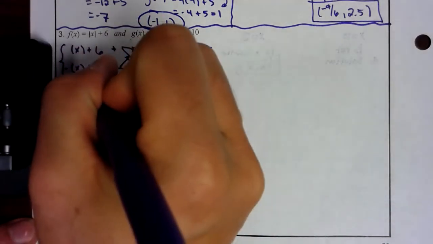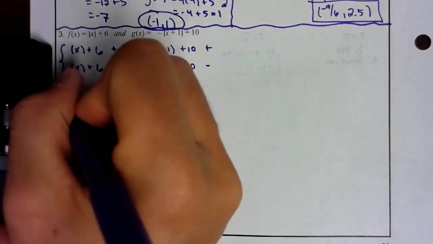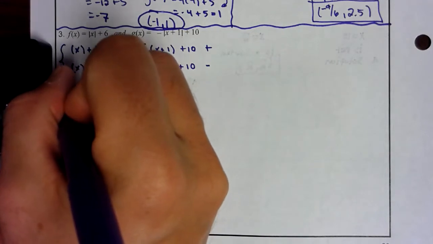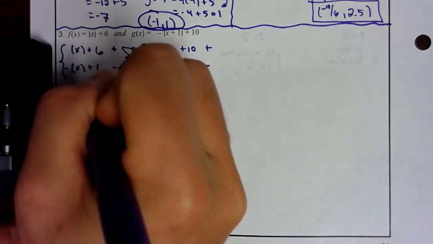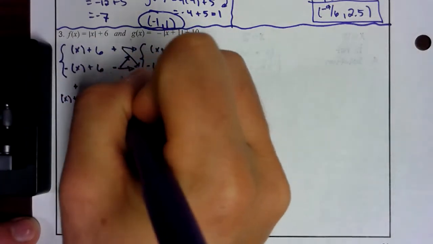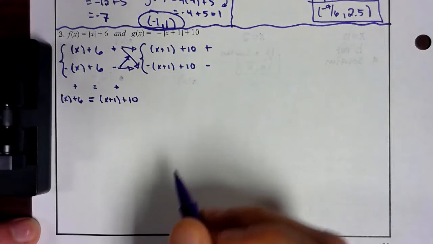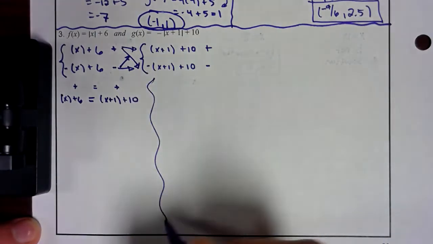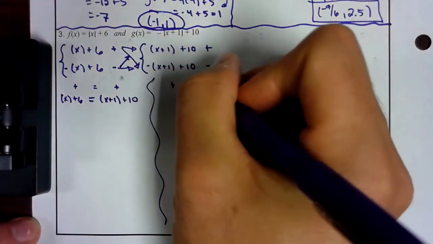I've got a positive branch equal to another positive branch. So this would be x plus 6 equal to x plus 1 plus 10. So that's my positive equal to a positive. We're going to get a positive equal to a negative.